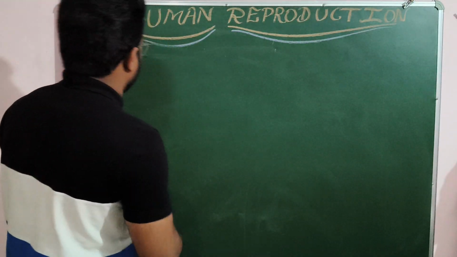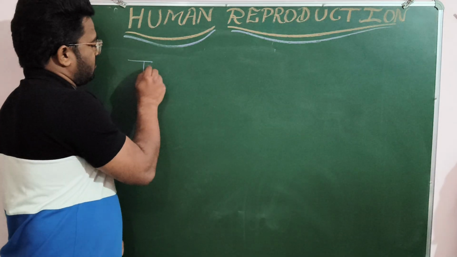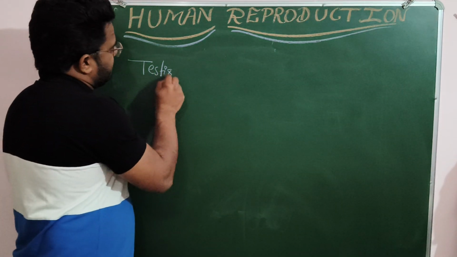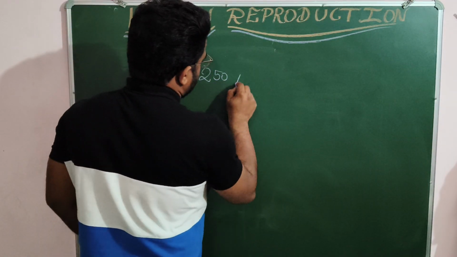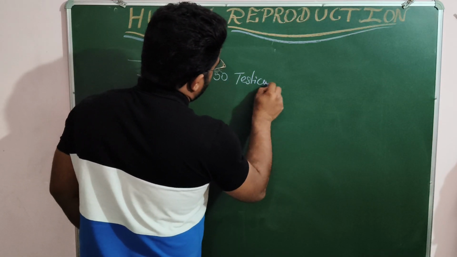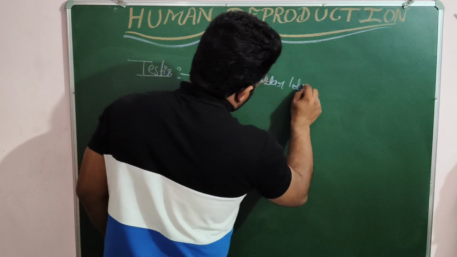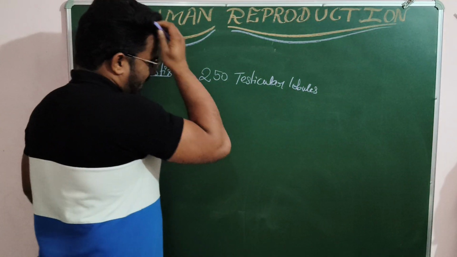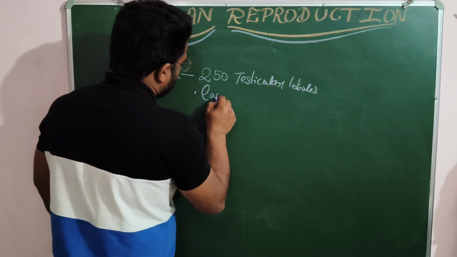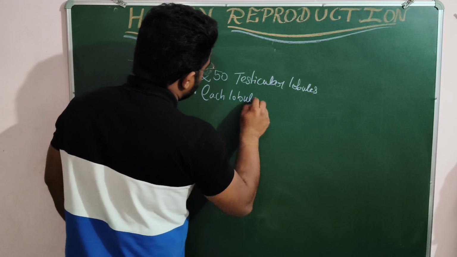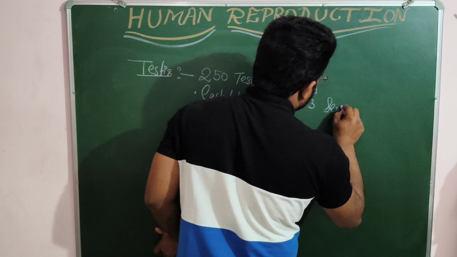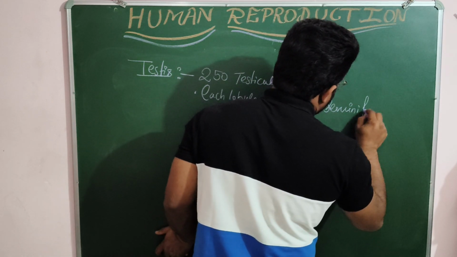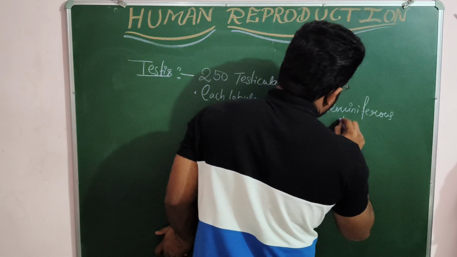We have also discussed the internal details: the testis has 250 compartments known as testicular lobules, and each lobule has 1 to 3 seminiferous tubules.